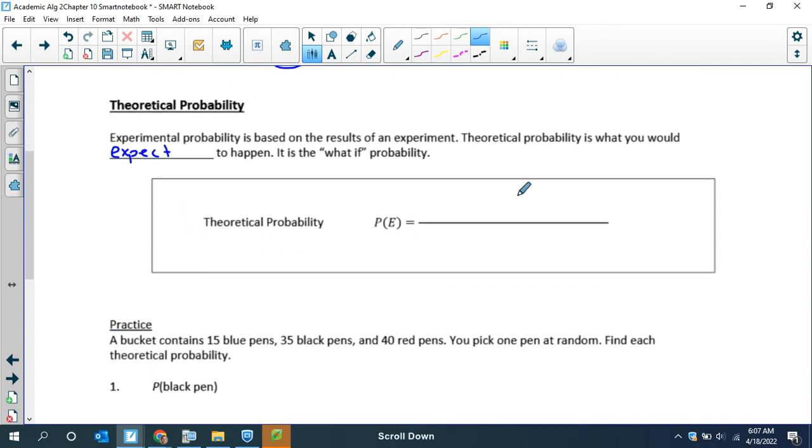So for theoretical probability, we have P of the event, and the way we pronounce this is probability of, in this case, event E. But we put whatever event we're trying to find here. And the way we define theoretical probability is favorable outcomes over total outcomes.